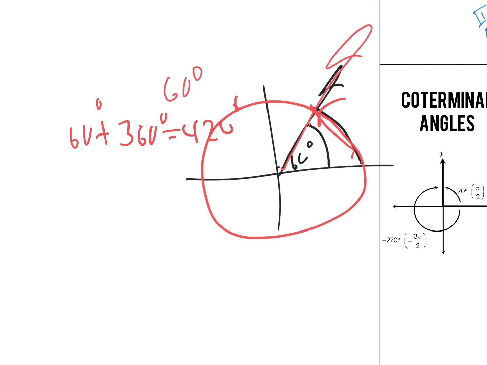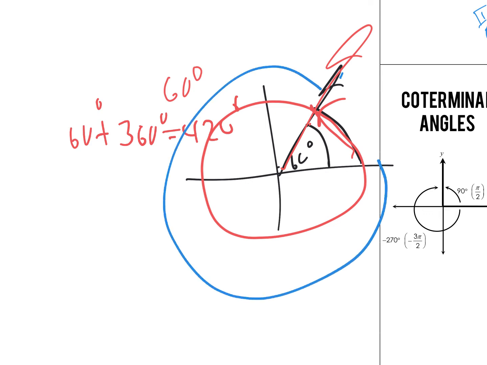Watch this. If I choose to go the other way instead, negative, what would that angle be? That would be a negative 3 what?